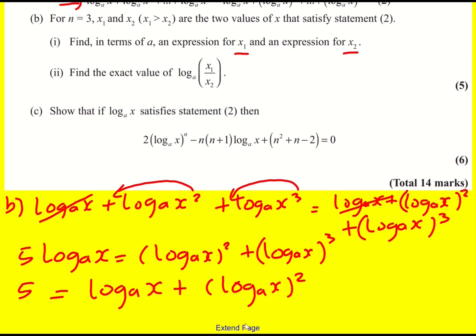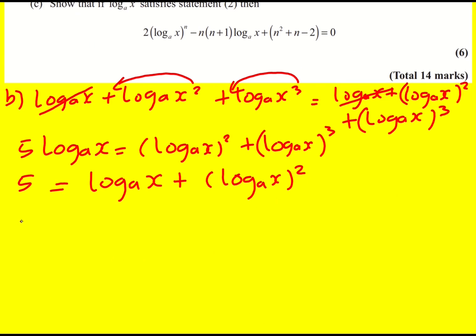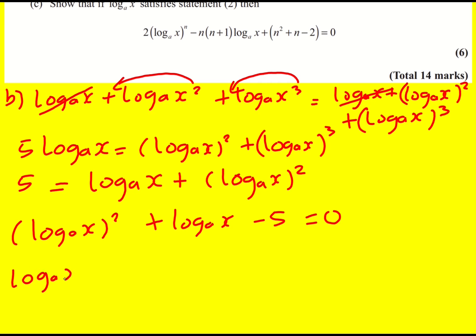And this is in fact a quadratic in log to base a of x. So let me rewrite it. So this doesn't factorize. You could do a substitution if you want. You could let u equal log to base a of x, and you get u squared plus u minus 5 equals 0. I'm just going to go straight for it. Log to base a of x is going to be, I'm going to use the quadratic formula.